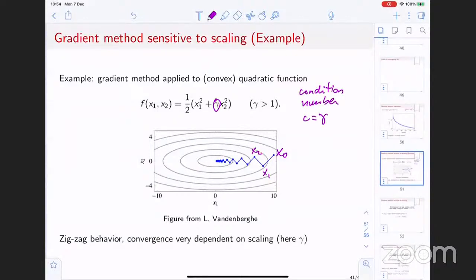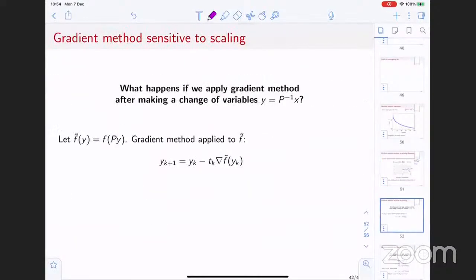To explain this sensitivity to scaling in a different way, we can do this simple exercise of doing an invertible change of variables, and running the gradient method on this new function.